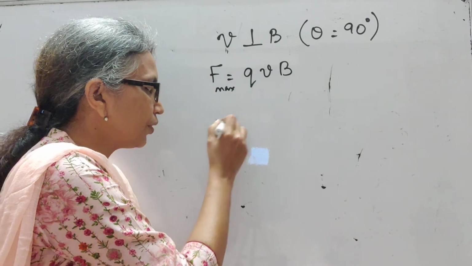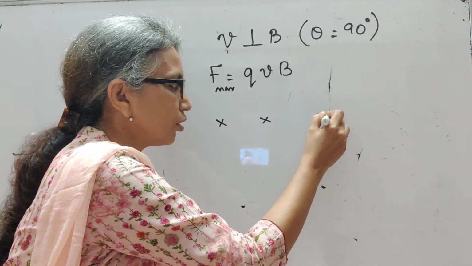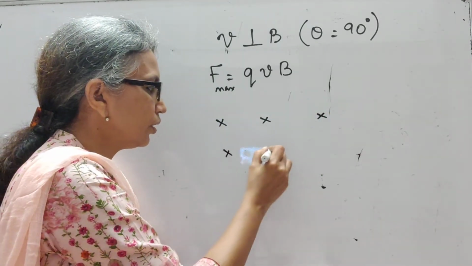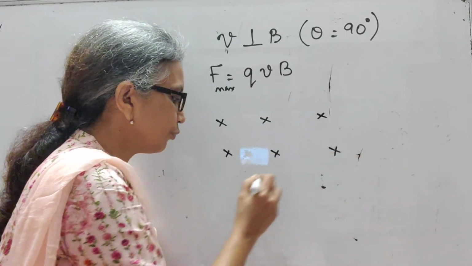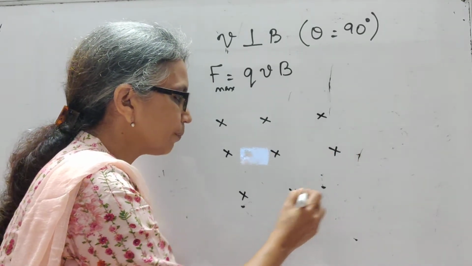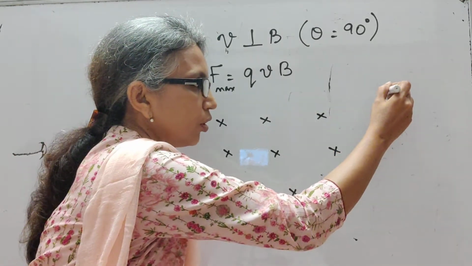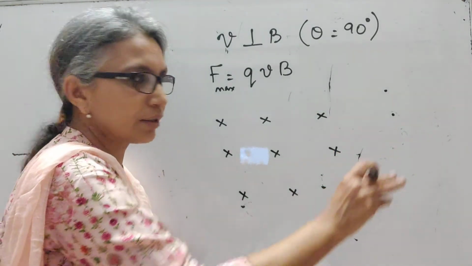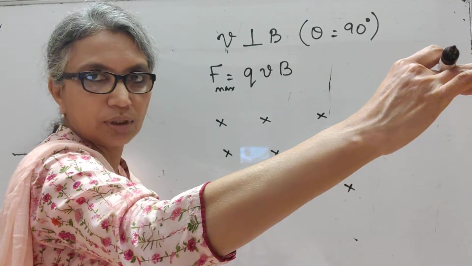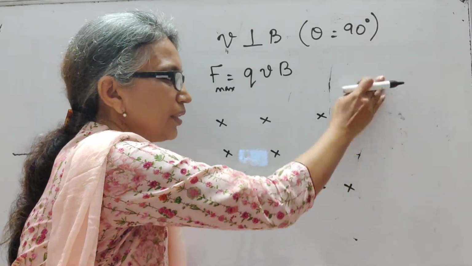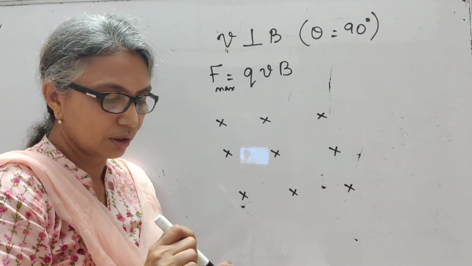But let's see what happens to the direction of the particle velocity. Now I told you in the previous section, if you see a cross, then you must know that the magnetic field that I am representing is perpendicular to the plane of the board and inwards. If you see a dot, then it means that the magnetic field is perpendicular and coming out. It's basically the arrow.